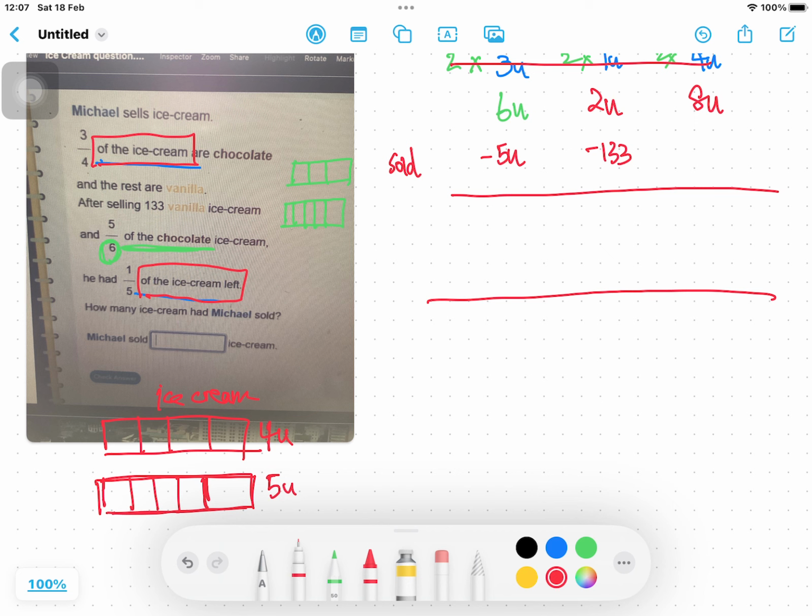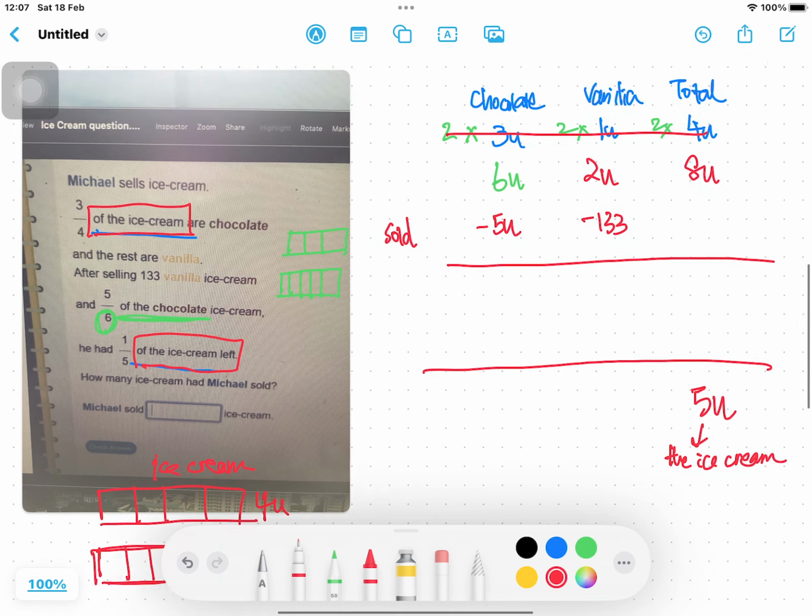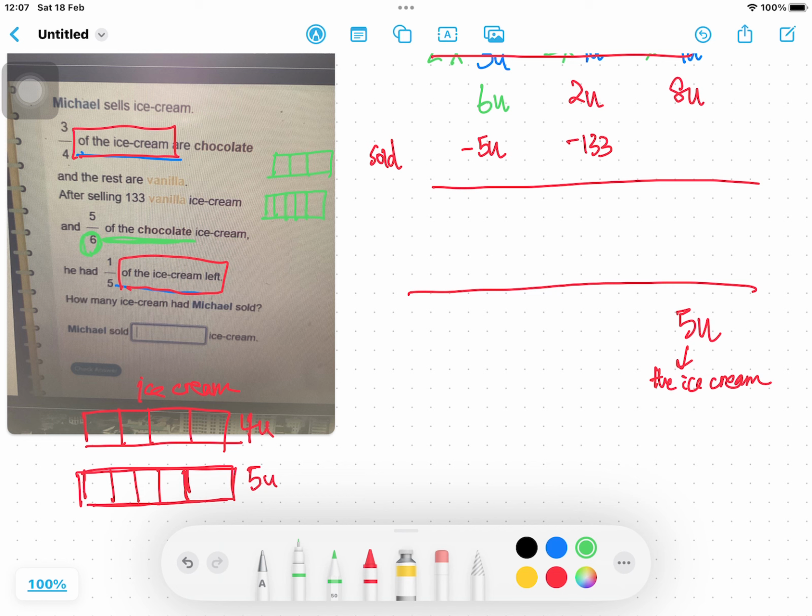So how can I go about doing it? If here is 5, this is the ice cream, okay? And you know at the start, because I calculated here is 8, I need to make these two the same. To make these two the same, because they are the same, I have to times 5, here times 8, right?